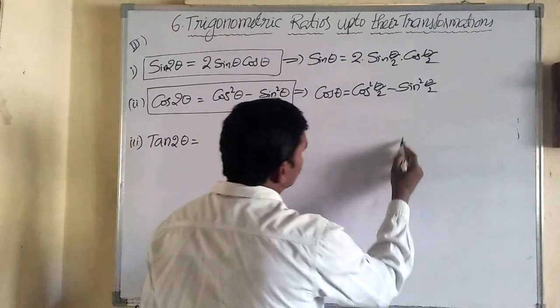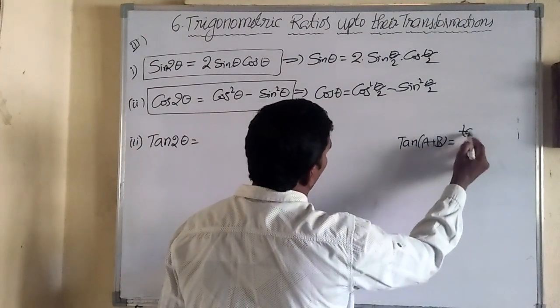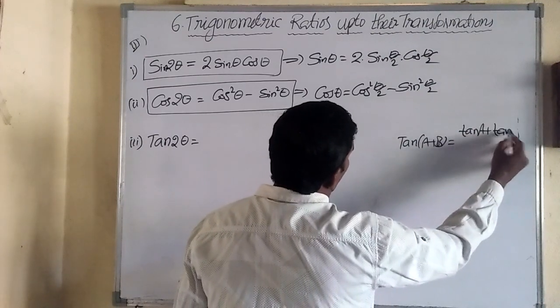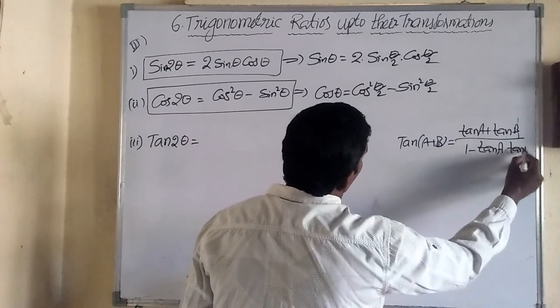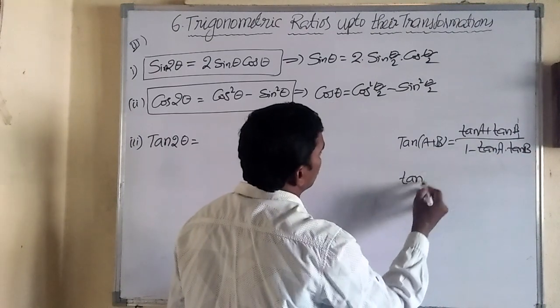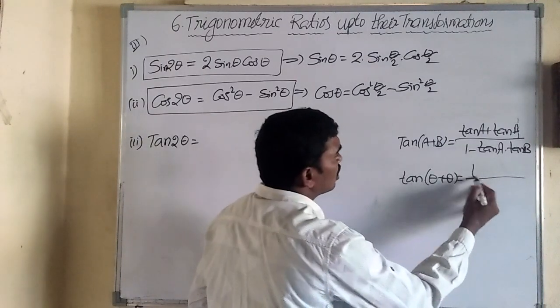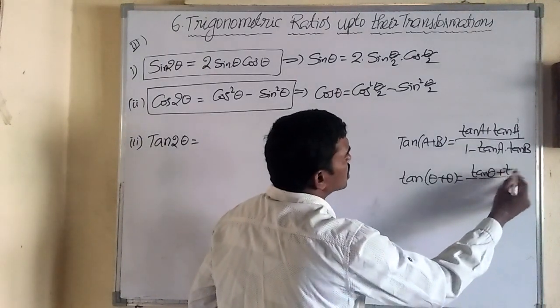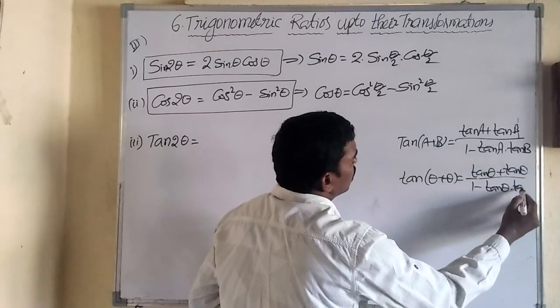To write the tan 2 theta formula, you first need to know the tan of a plus b formula: tan a plus tan b by 1 minus tan a into tan b. So tan of theta plus theta becomes tan theta plus tan theta by 1 minus tan theta into tan theta.